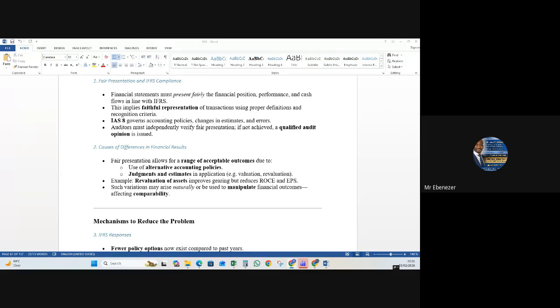Also, you can use alternative accounting policies. And judgments, all this can cause a difference in your financial statement. And that's it.